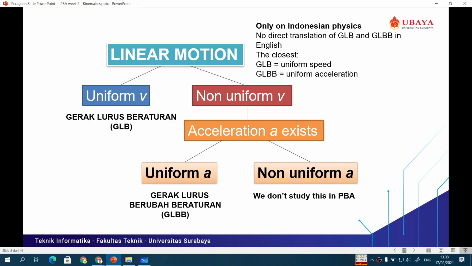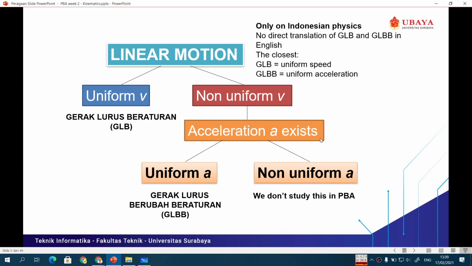Linear motion can be divided into two parts. The first one is when the object moves with uniform velocity. In Indonesia, we know it as Gerak Lurus Beraturan or GLB. The second one, if the object moves with a non-uniform velocity, means an acceleration a exists.